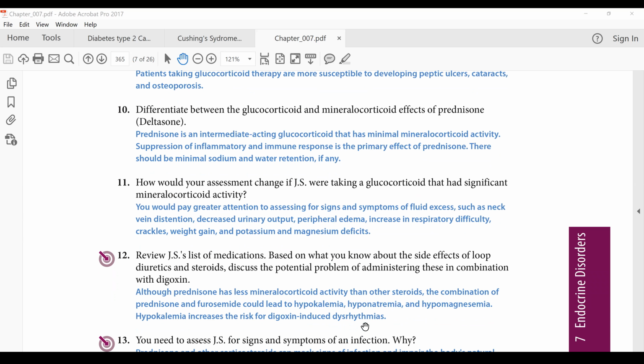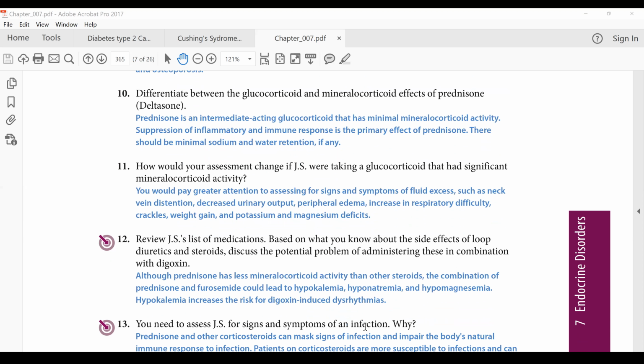What signs and symptoms do you need to assess for an infection, and why? Fever, okay. Increased heart rate. Because you have WBC. Corticosteroids mask the signs of infection.